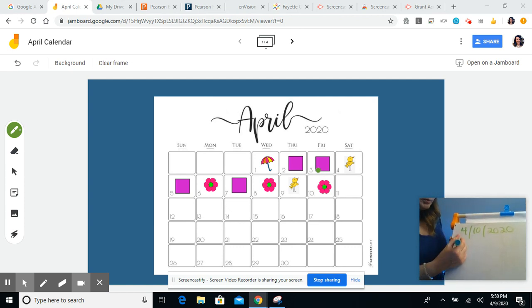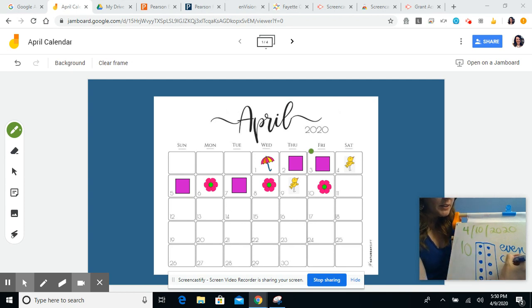Okay, so the number 10, even or odd, if I draw 10 dots, can we say even or odd? We would say that that is even, okay? Because I can divide it in half equally. 5 plus 5 equals 10.